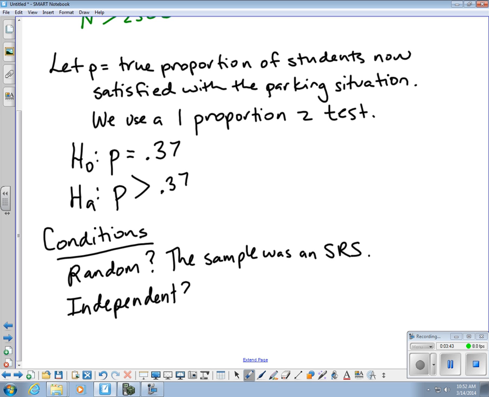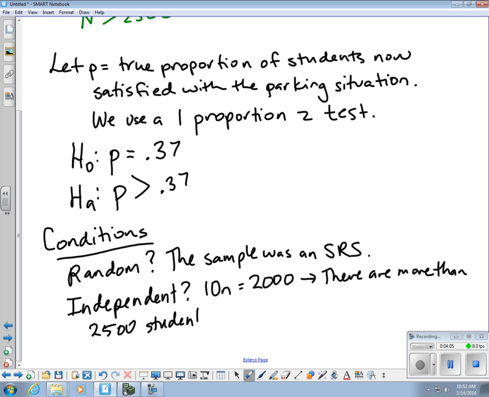Independent, the 10% condition: 10 times n, 10 times 200 is 2,000, and we know that we have more than that many students at the school because we're told that it's more than 2,500. So there are more than 2,500 students at the school, so the 10% condition is satisfied.